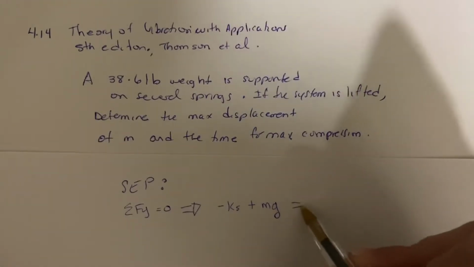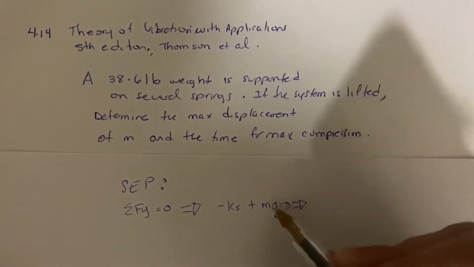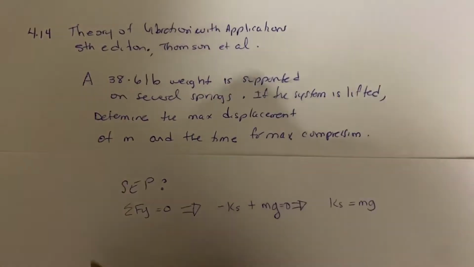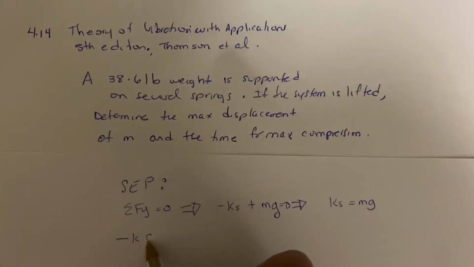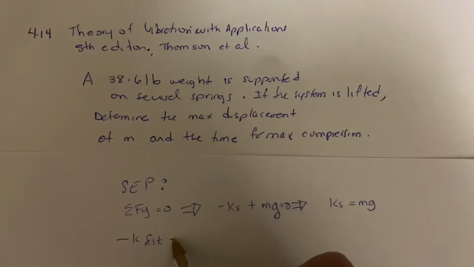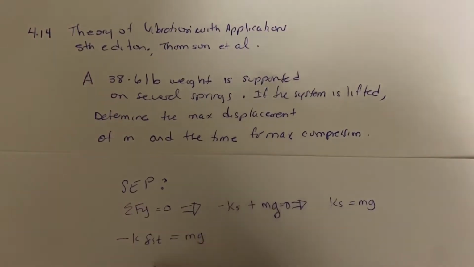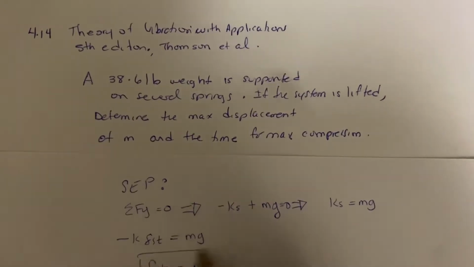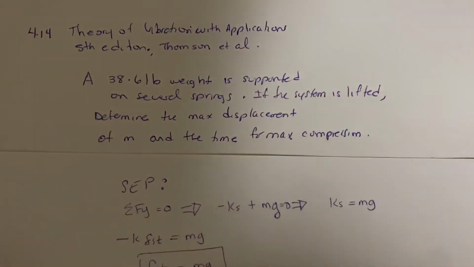So we know the sum is equal to 0, so the spring force equals the weight. Now the spring force is the stiffness multiplied by the static deflection, which equals mg. So now from here, we find that the static deflection is mg over k, and this is our equation for the static deflection.